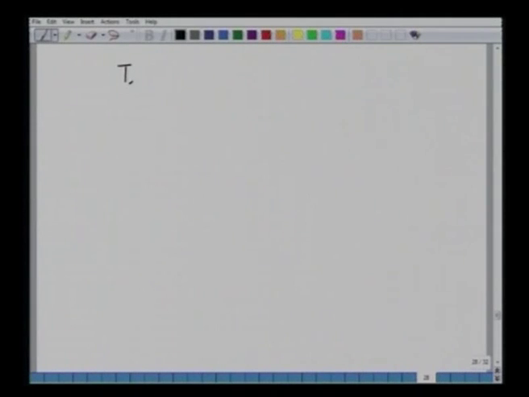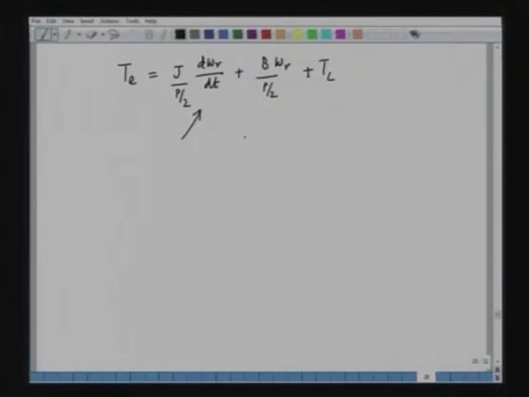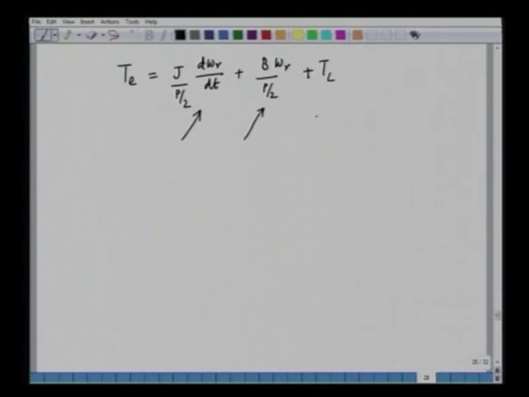In the mechanical system, we have to solve the electromechanical equation, that is the torque Te is given as J d omega r by dt by P by 2 plus B omega r by P by 2 plus TL. Te we already know, this is the torque of a synchronous machine, and we will be equating that to the inertial torque, the viscous friction torque and the load torque.